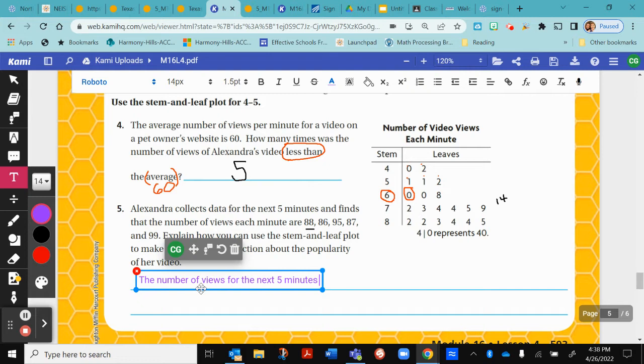than the number of views in the first 20 minutes. Therefore, so, the popularity of the video is increasing.